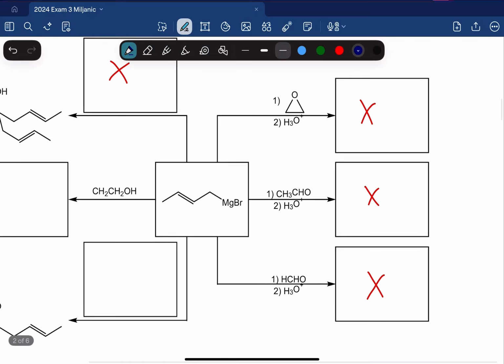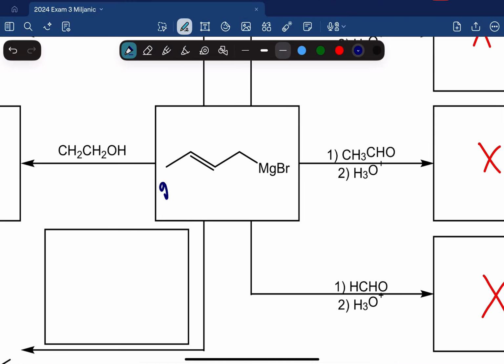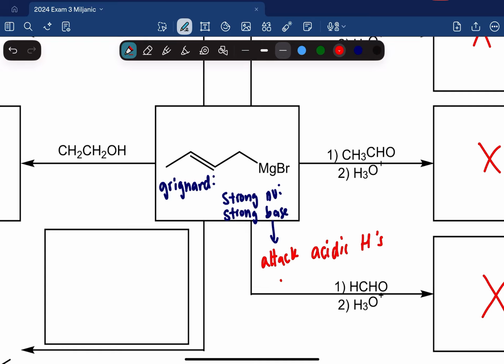So the first thing you should know about a Grignard is this is a very strong nucleophile. It's a very strong base. So you should also know that bases, these attack acidic hydrogens rapidly, particularly strong bases.